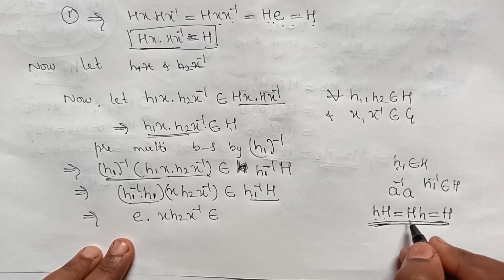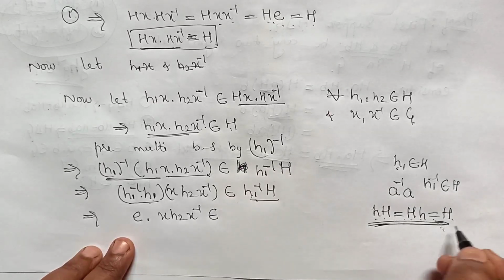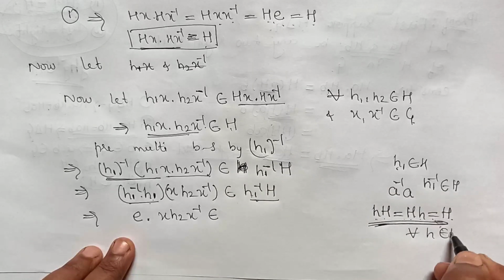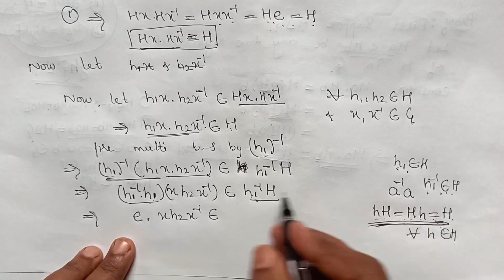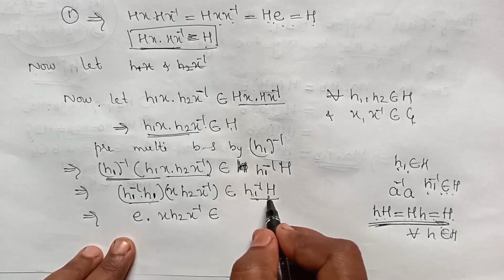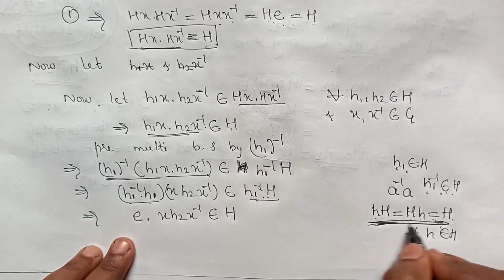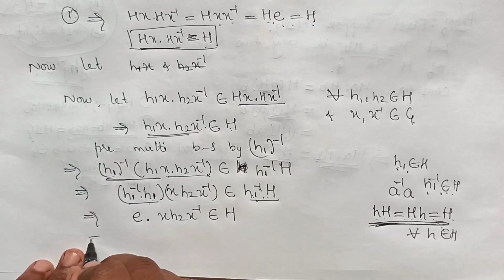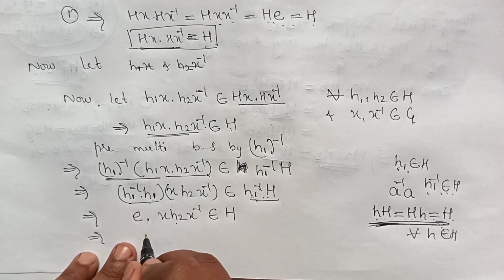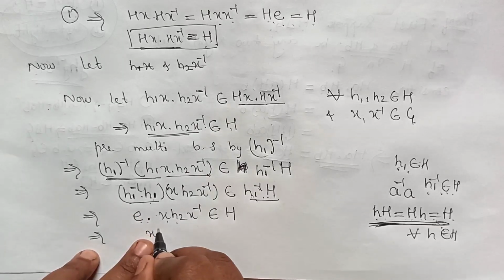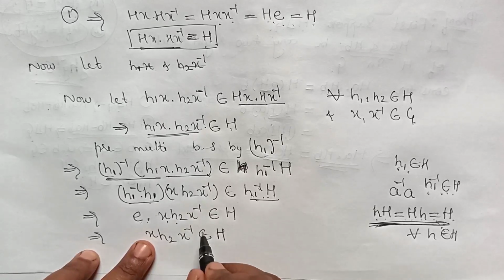We get H equals H only by using this property. This is for all H belonging to H. So since H1 belongs to H and H1 inverse also belongs to H, we can replace H1 inverse H by H using this condition. Or we may write it as identity element into any element, again we get the same element, that is x H2 x inverse belongs to H.